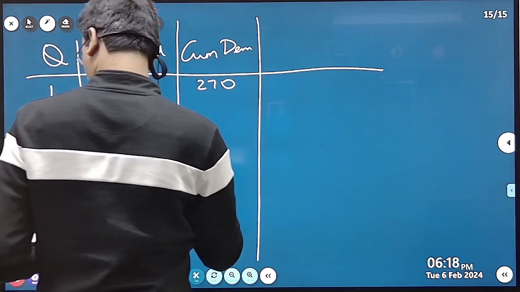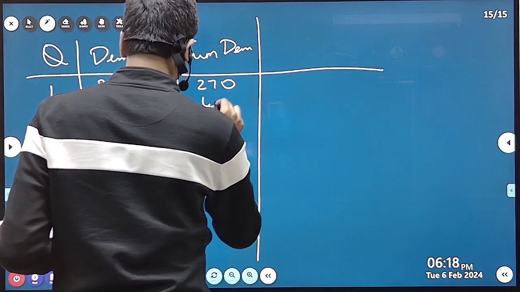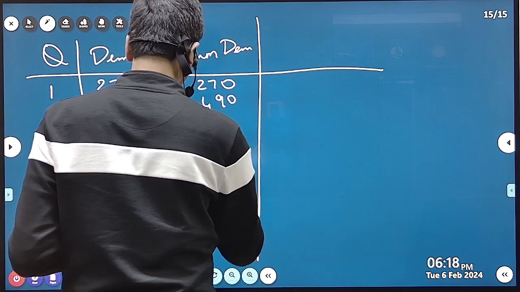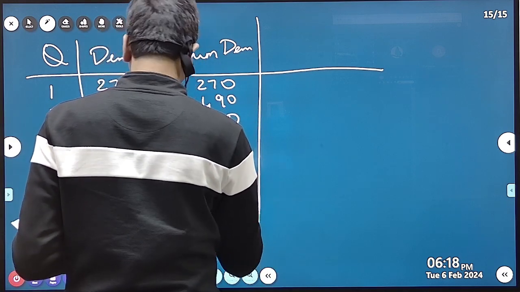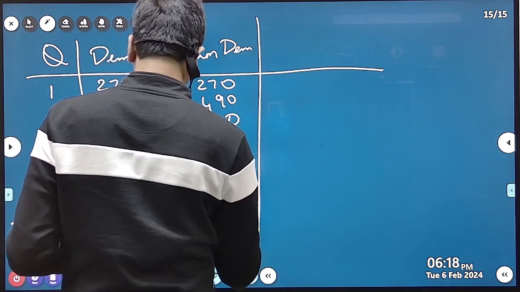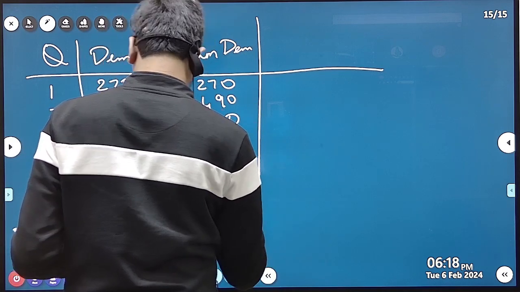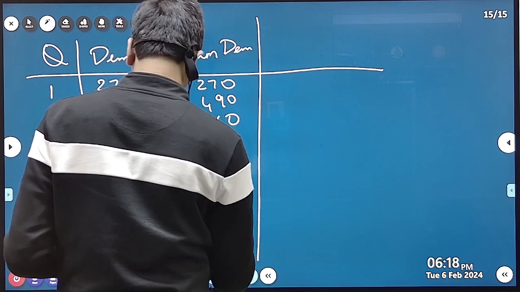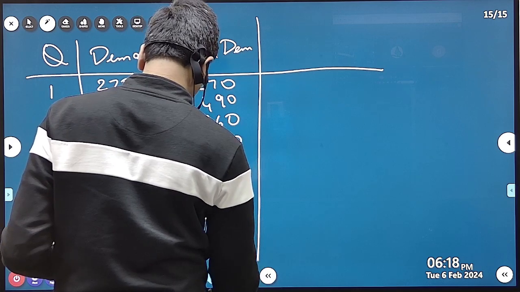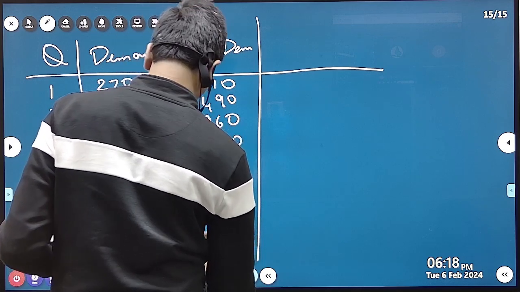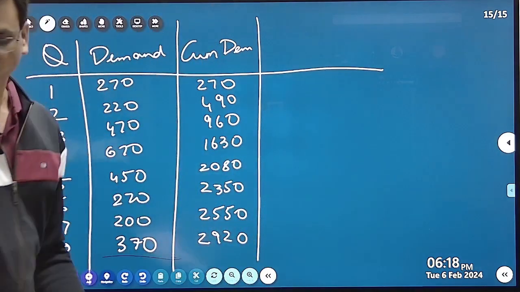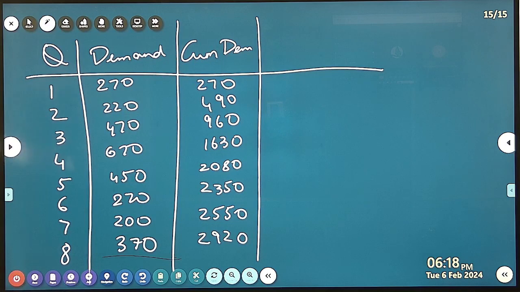Then 270 plus 220, that is 490, then 960, 1630, 2080, 2350, 2550, and 2920.